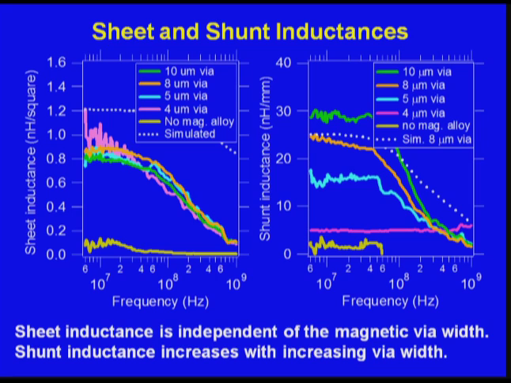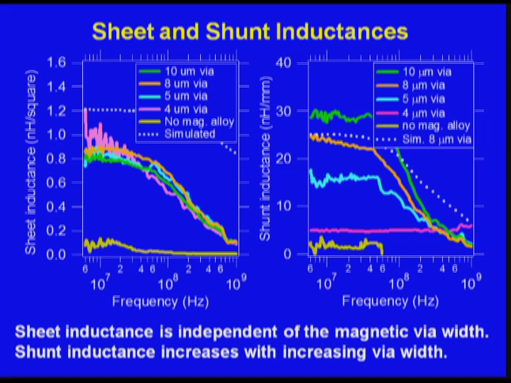But basically, if you do a simulation, for example, of an 8 micron via, shown here as a dotted line, compare it to the orange line, you can see that actually the magnetic via in this case isn't too bad. It's not that far off from simulation, except at higher frequency you start to have a larger gap there. And that's because the eddy currents are kicking in.